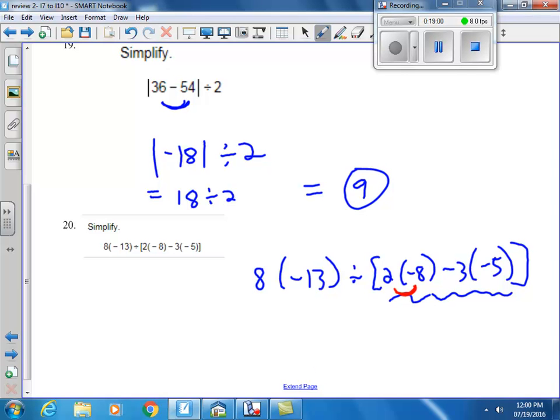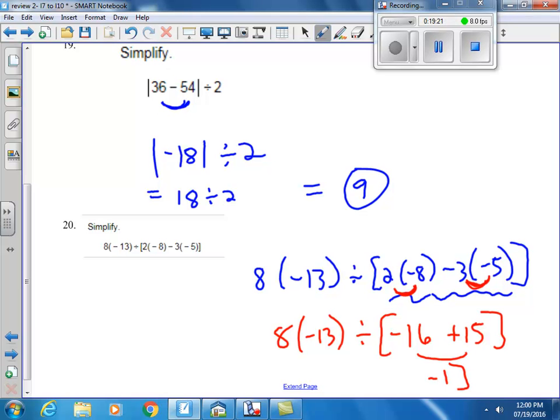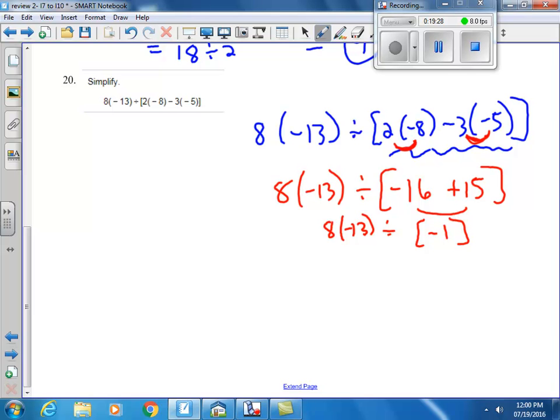Multiplication dominates, so 2 times negative 8 is negative 16. Here, we can read this as negative 3 times negative 5, which is positive 15. Keep that inside the brackets and keep everything else. Now negative 16 plus 15 makes negative 1. And then when you arrive down here at the end, take care of multiplication first.